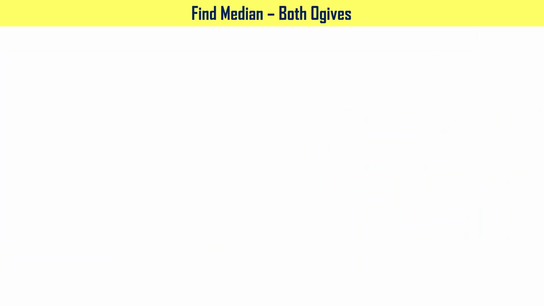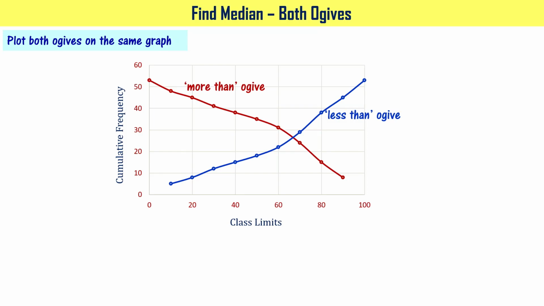Now let's learn how to find the median using both the ogives. It means let's plot both the ogives on the same graph. When you do that, you get a figure like this, right? As you see here, these two curves are intersecting at this point, right? Let me draw a line perpendicular to the x-axis through that point.